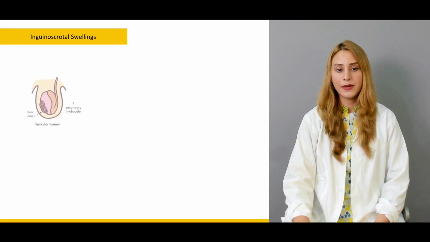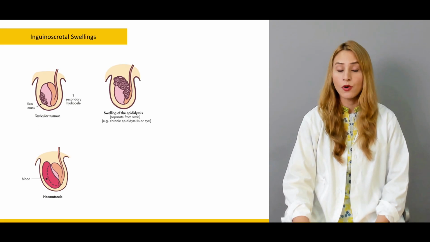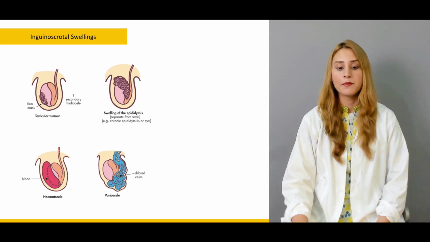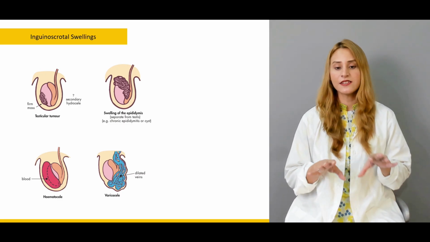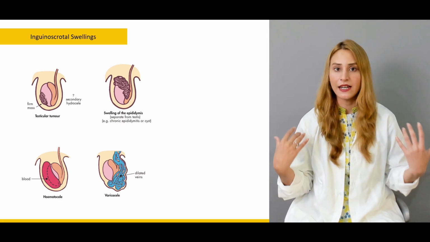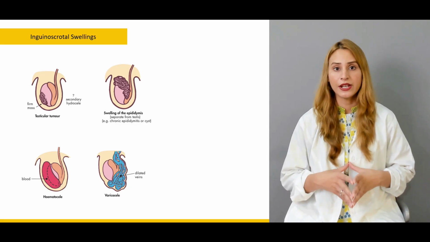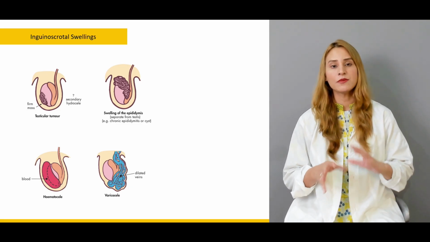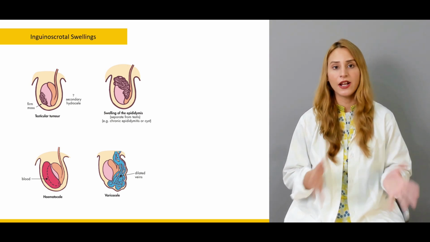And it can be a testicular tumor, it can be an epididymo-orchitis, it can be a hematocele, or it can be a varicocele as well. I will discuss all these things in my other lecture when we talk about the genitourinary system. But right now I'm just telling you only the names of these things, because these are the inguinoscrotal swellings.